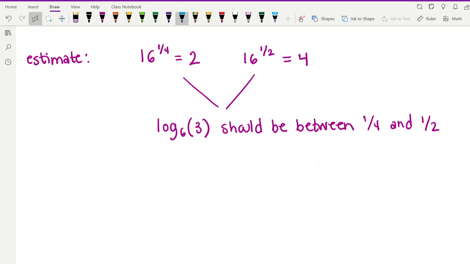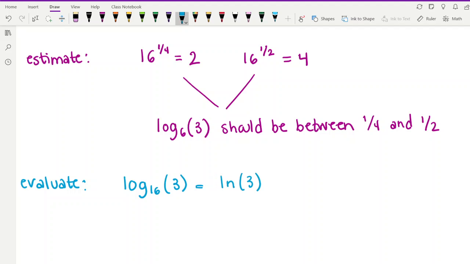Okay, so how do we actually evaluate this? Well, this is where we use the change of base formula. If we want to evaluate log base 16 of 3, again, we can use either ln or log. So let's say we wanted to use ln. In the numerator, we would take ln of our original input, so ln of 3. In the denominator, we would take ln of our original base.